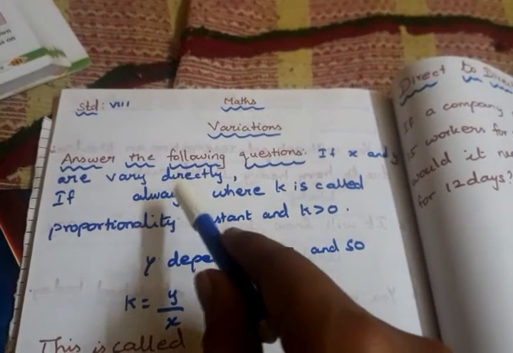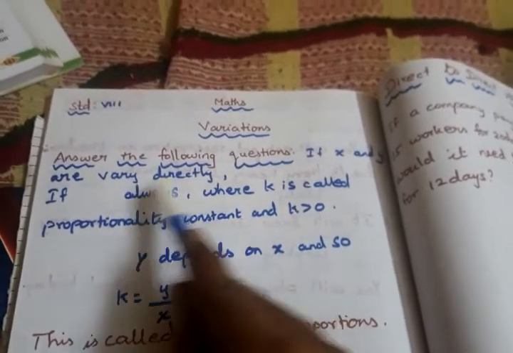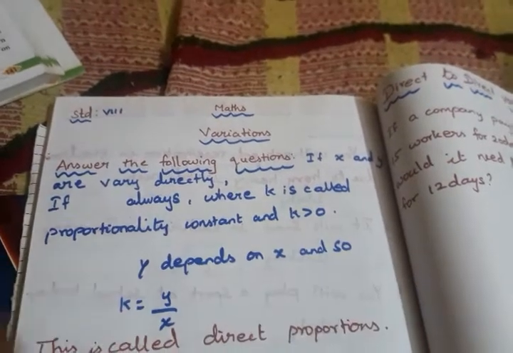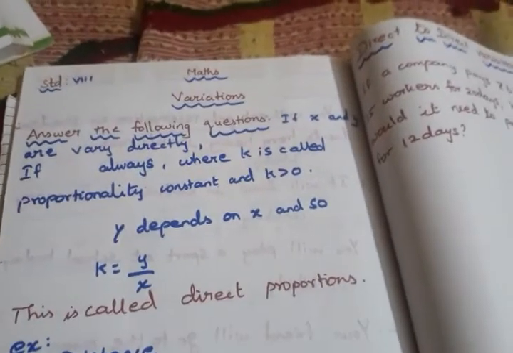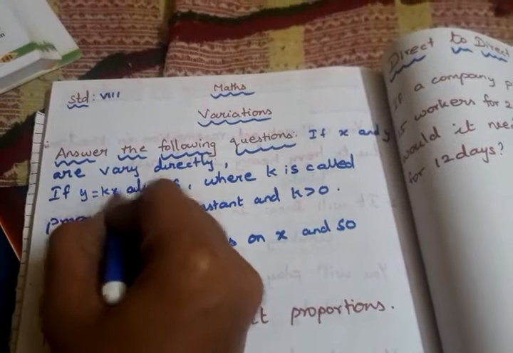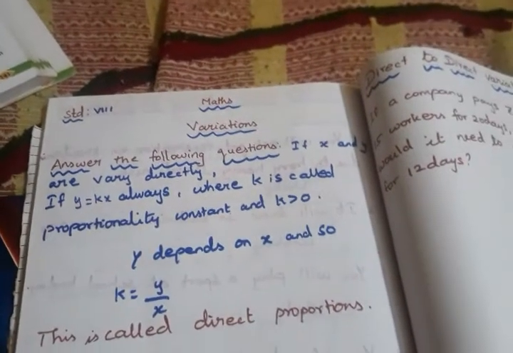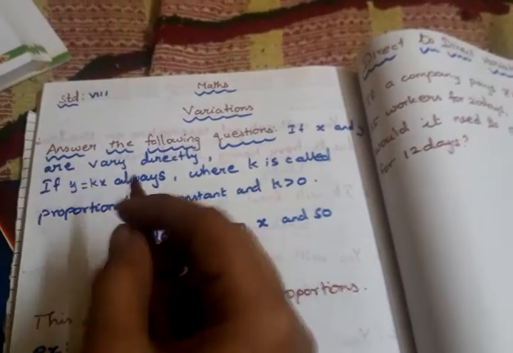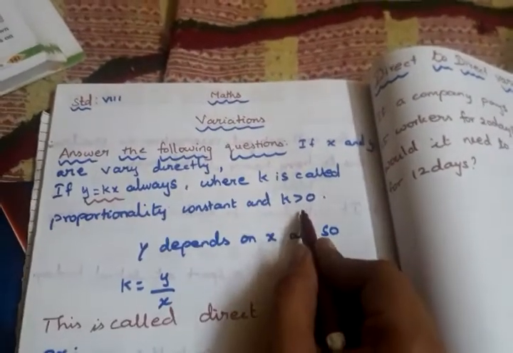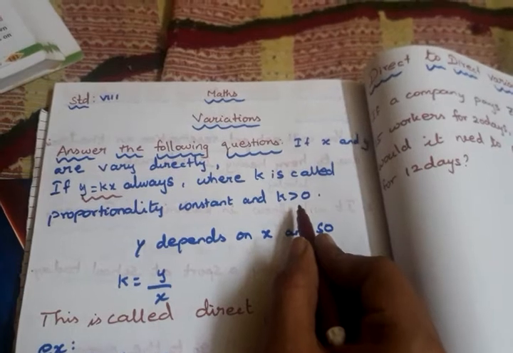Such a variation is called direct variation. Direct proportion: y is equal to kx, always, where k is called the proportionality constant, and k is greater than 0.